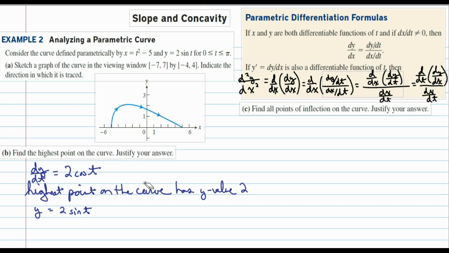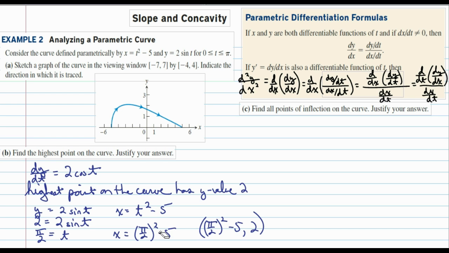So now I need to find what t value that belongs to. If I set my y value equal to 2, I can solve for t, plug that pi over 2 into my x parameter, and now I can see that x is (pi over 2) squared minus 5. So now I have this point, ((pi over 2) squared minus 5, 2).